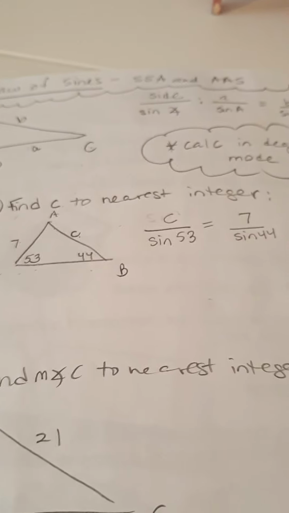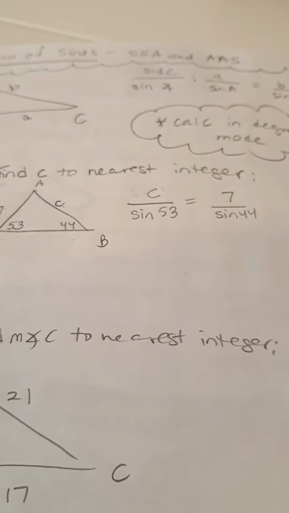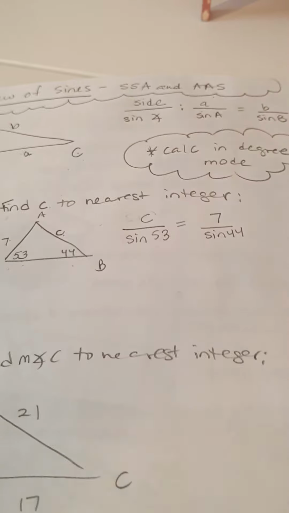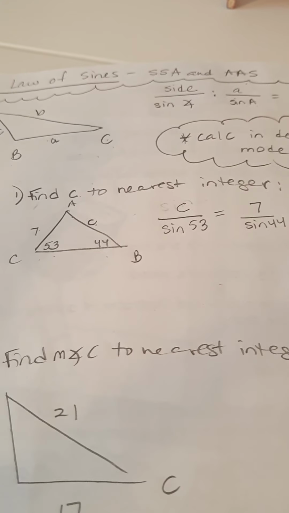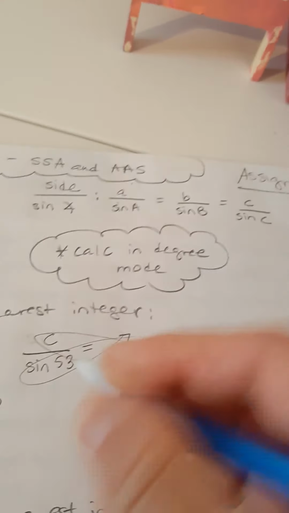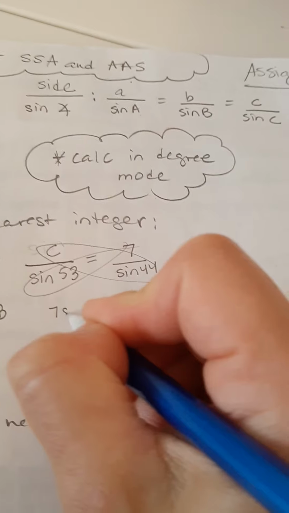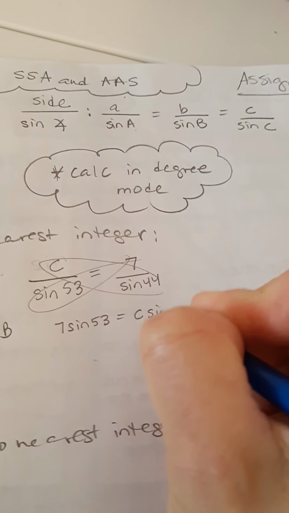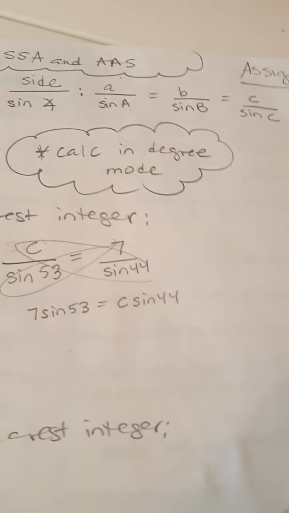The three fractions equal to each other were simply for a definition. So now you cross multiply. It's a proportion: 7 times the sine of 53 equals c times the sine of 44.